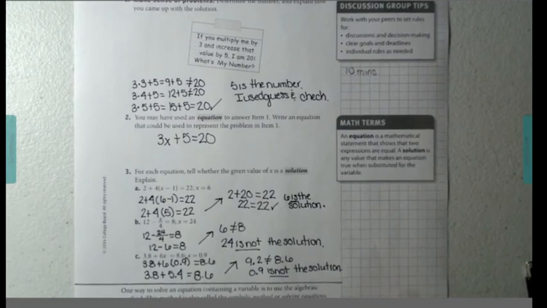So now questions 1, 2, and 3 have been worked for us. Number 1, I actually used the guess and check method. I started out by plugging in 3. It says if you multiply me by 3, so I did 3 times 3 is 9, and you add 5, I'm going to get 20.